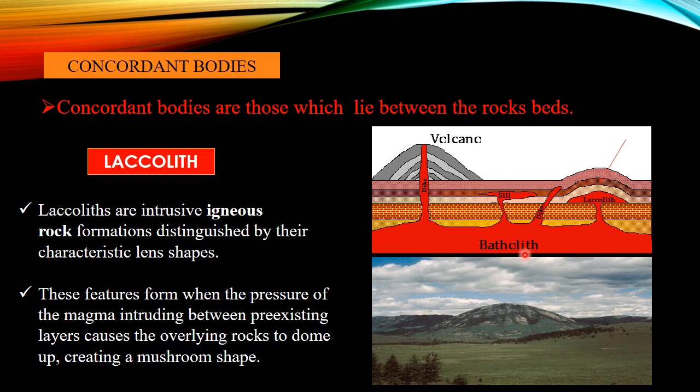These features form when the pressure of magma intruding between the pre-existing rock layers pushes the overlying rock into a dome, creating the mushroom like shape. So this is the laccolith, the example of concordant bodies. Now we can see in this image, this is a laccolith body of igneous intrusion.